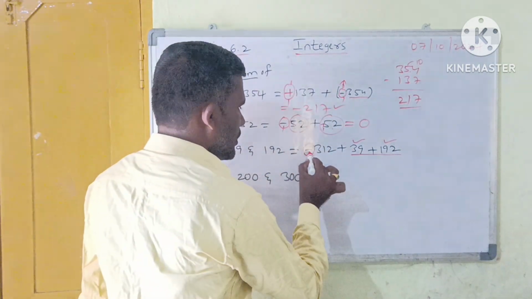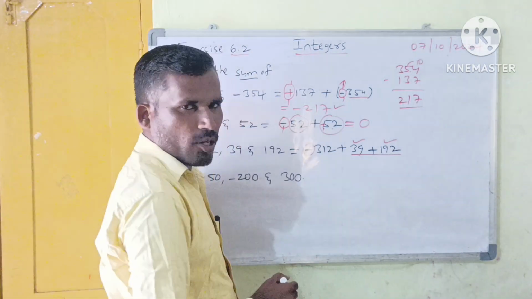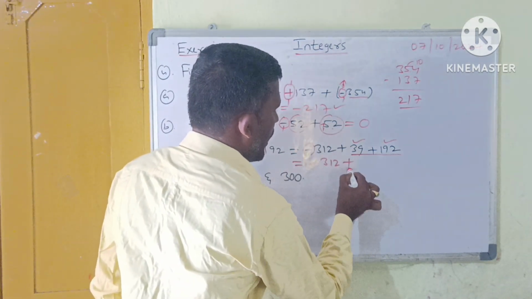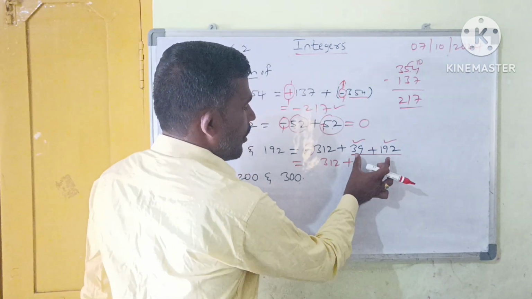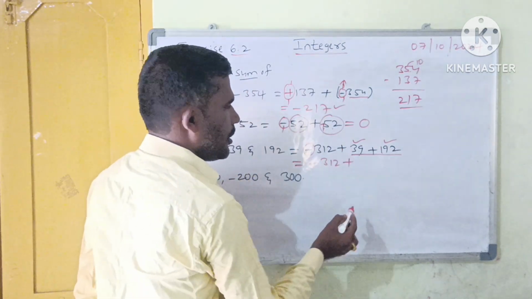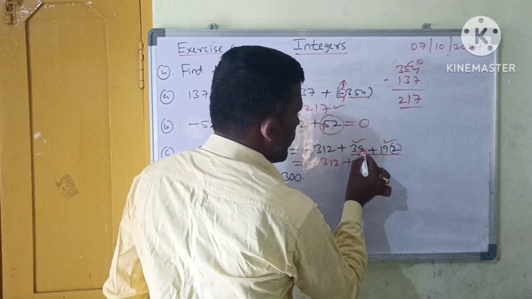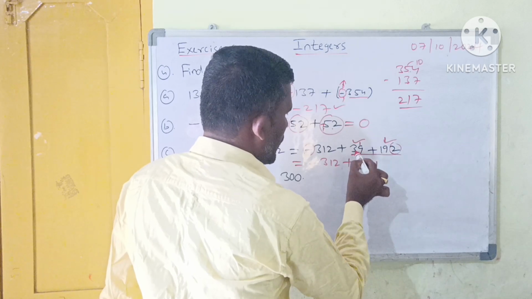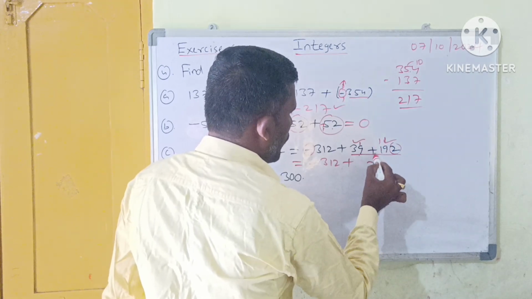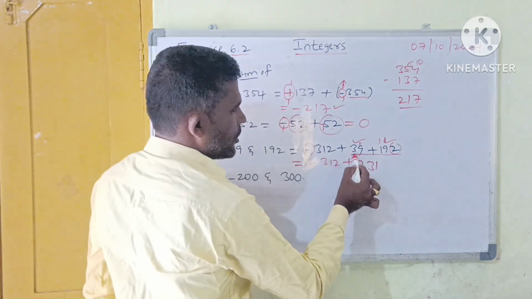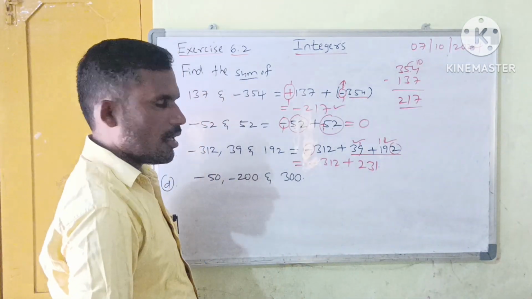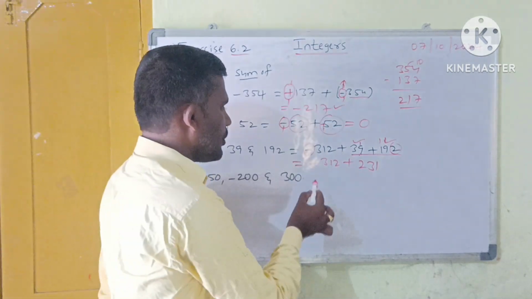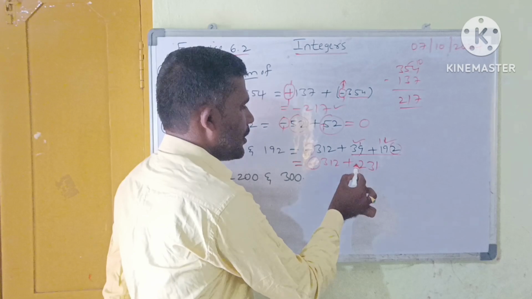So this is one method. While adding these two, both have the same sign, plus only. Here 2, here 9, 9 plus 2 is 11. 1 plus 1 plus 3 is 13, and 1 plus 1 is 2. So while adding these two, we got 231. And for the result, 231 and minus 312 you have to add. So here plus, here minus.